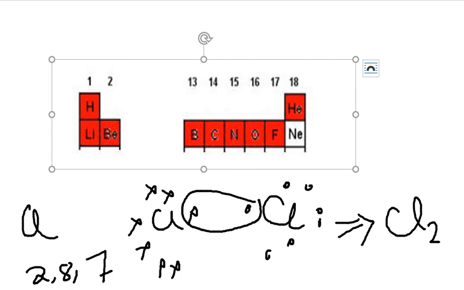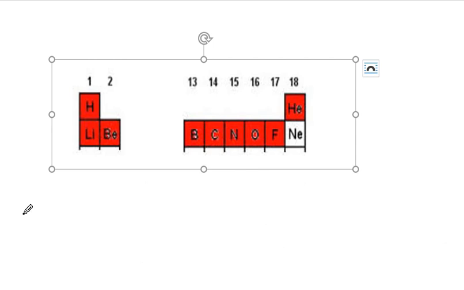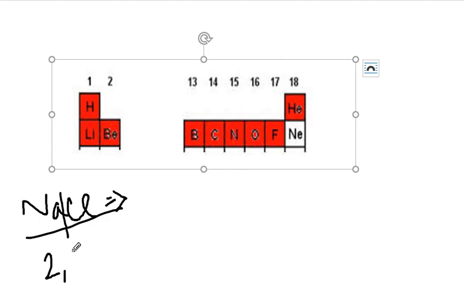Now, if I take one more example, let's say NaCl. They also follow the octet rule, and by bonding, sodium and chlorine join together to form NaCl. Sodium has the configuration 2, 8, 1, so the total number of electrons is 11, and chlorine is 2, 8, 7.